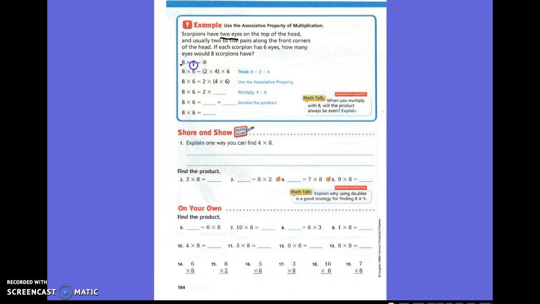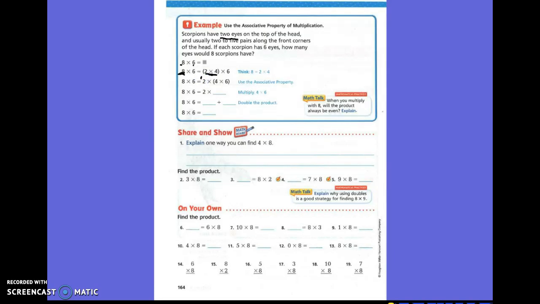So this is 8 times 6. Instead of doing 8 times 6, what 2 numbers multiply to equal 8? Do you see this? Instead of 8, they wrote 2 times 4, and they put it in a parenthesis. It's still 8, just smaller numbers.